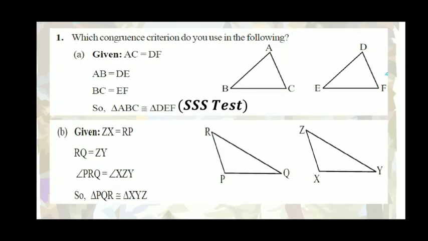Therefore, we could say that the SAS test would be applicable here. The reason: angle P and angle X are both included angles of the congruent sides RP and XZ, PQ and XY. Both are pairs of congruent sides, and angle P and angle X are also given as equal. Therefore, because they are included angles, we write SAS test in the bracket.